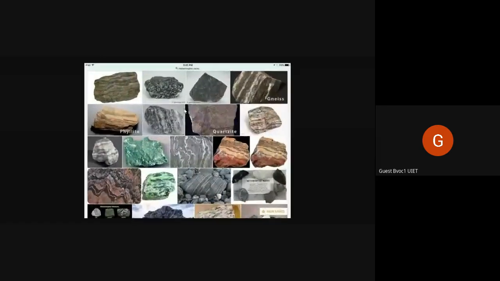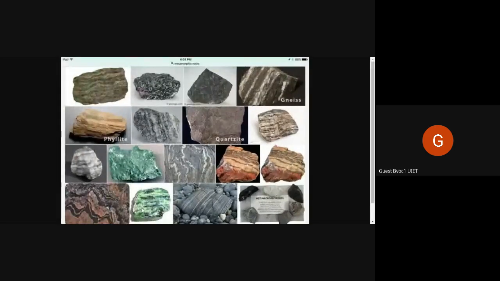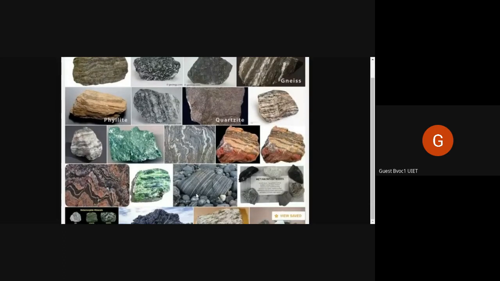See these, quartzite and marble. These are some examples of metamorphic rocks, and you can see that these have very beautiful colors and layers and designs to them, just like marble does.